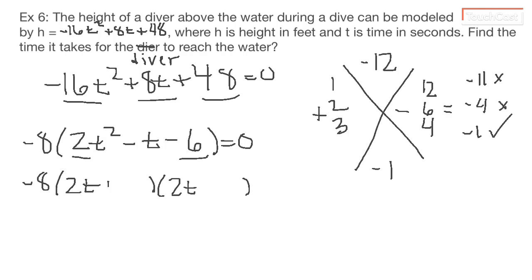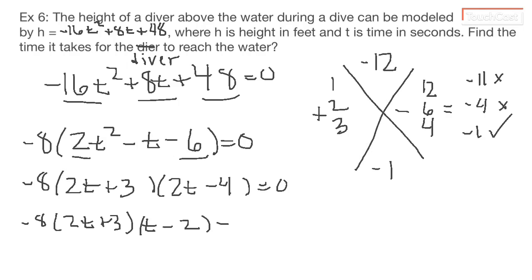And then we go plus 3 minus 4 equals 0, but that 2t minus 4 is divisible by 2. So we can write this as negative 8 times 2t plus 3 times t minus 2 equals 0. Now this 8, that doesn't really matter when we're solving. So we're going to take 2t plus 3 equals 0 and t minus 2 equals 0.